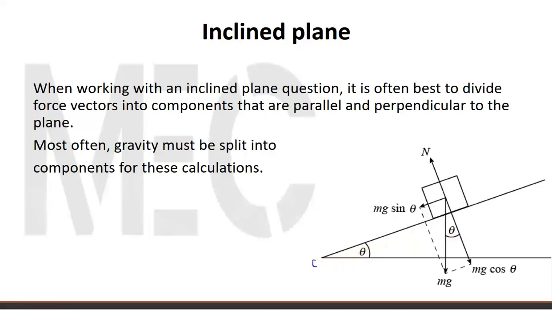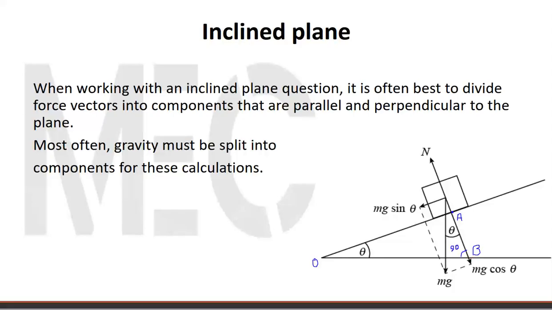Let me take this point to be A, and this point to be B. And therefore, in this right triangle, OAB, I can say this angle B is 90 minus theta.